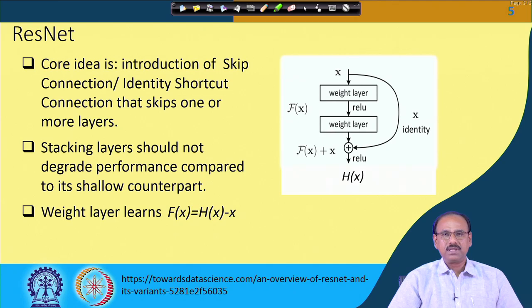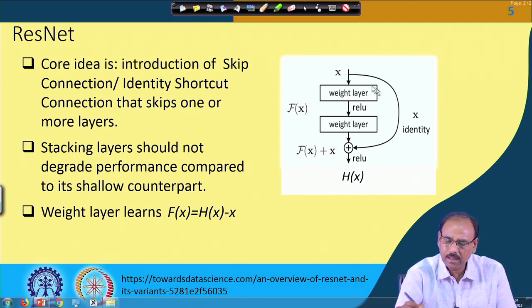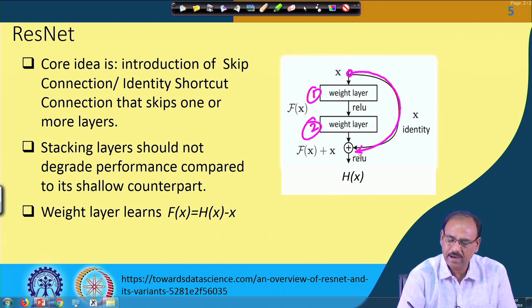The purpose of this skip connection is that it skips one or more weight layers and feeds the input directly to a layer ahead. Suppose this is the output from one layer, and following this I have two more layers, one over here and another over here. The activation from the previous layer is directly moved two layers ahead and added over here to be passed on to the next layers.